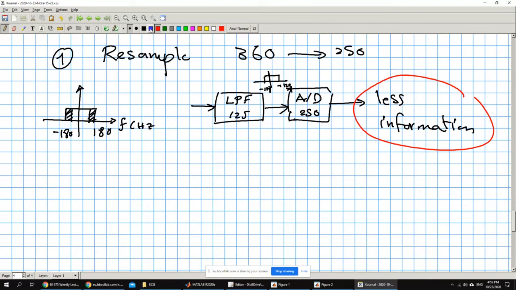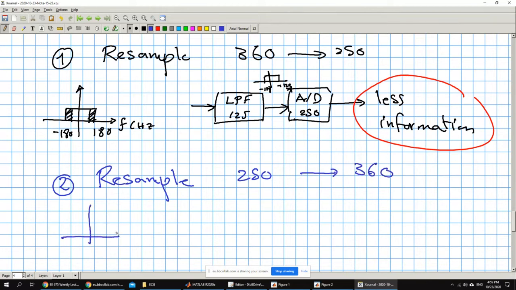Let's consider the other way around. If I resample the 250 at 360, the spectrum of the 250 looks like this: 125 to minus 125.